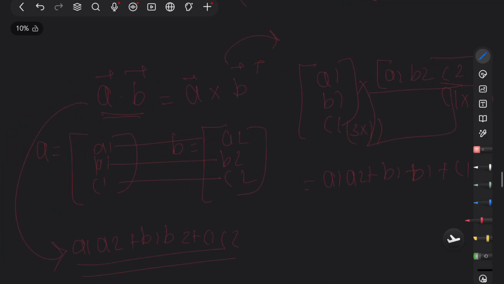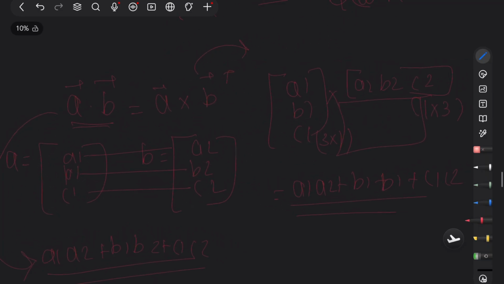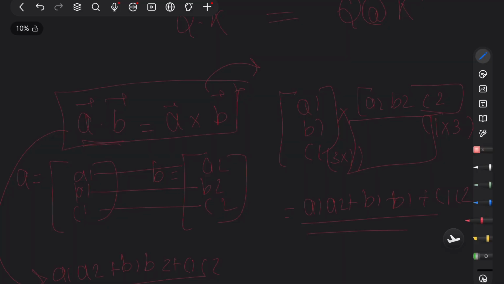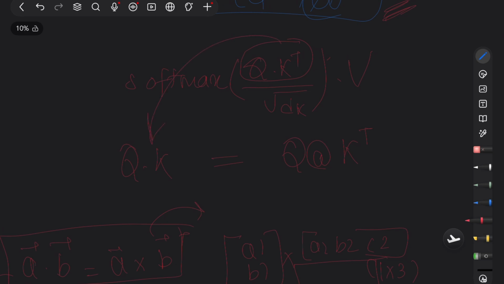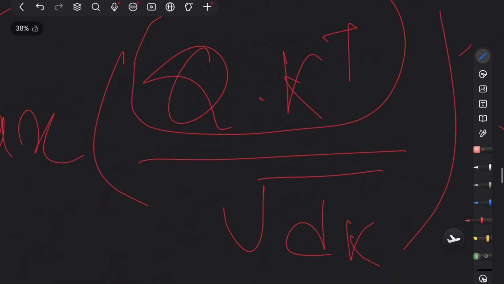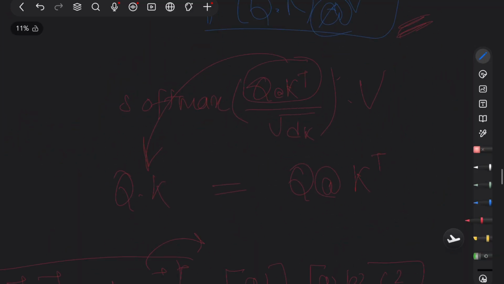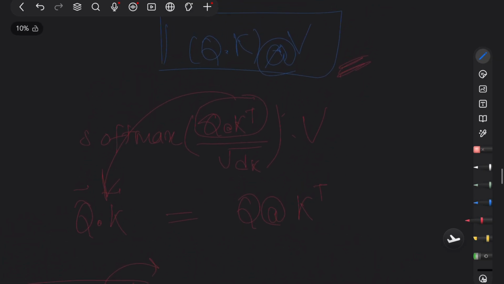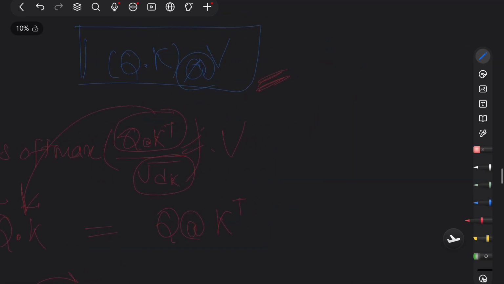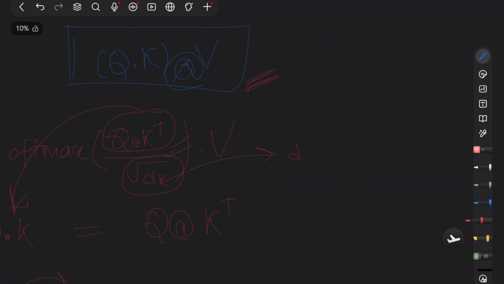Aren't these two terms equivalent? Yeah. So this formula is valid. So now you should have understood that this is equivalent to this dot product. Don't get confused. This dot is multiplication, and this dot is vector dot product. So now we are done with the upper part. So why divide by dk, and what is dk? dk is the dimension of the key vector.